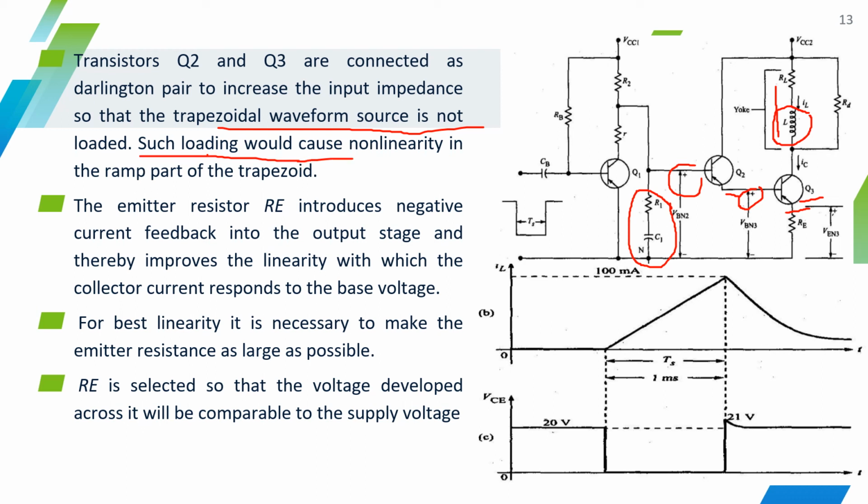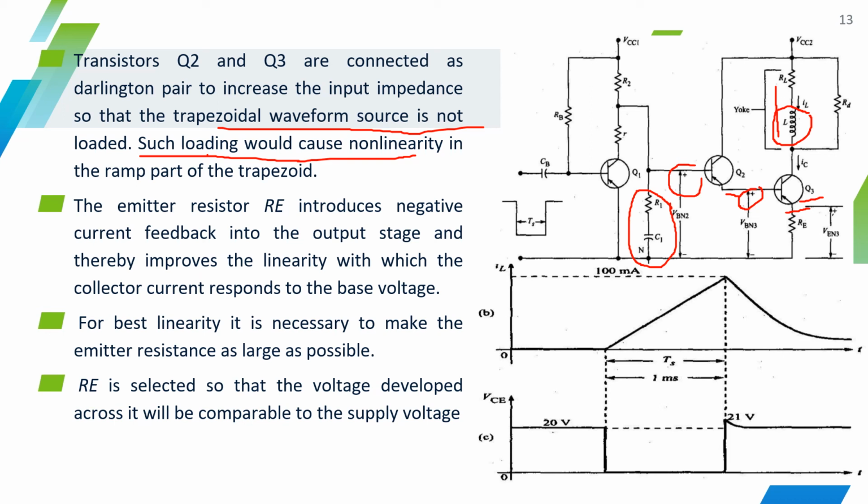Such loading would cause non-linearity. If loading comes into the picture, non-linearity increases, and we cannot generate a linear sweep through the inductor. So to avoid the loading effect, these two transistors are connected as a Darlington pair.